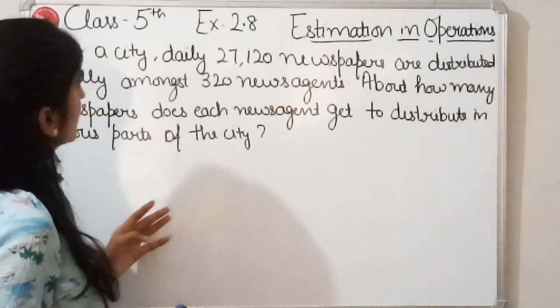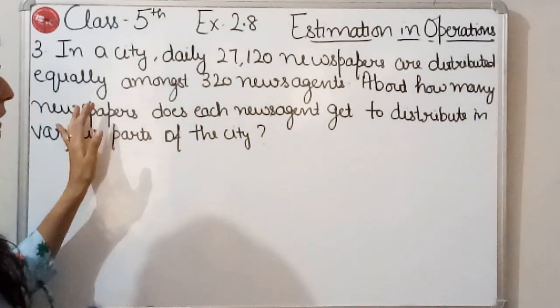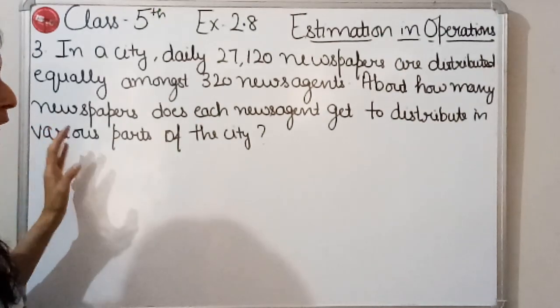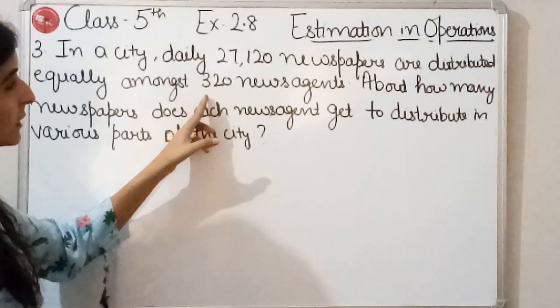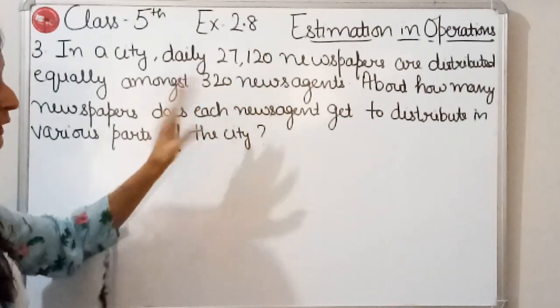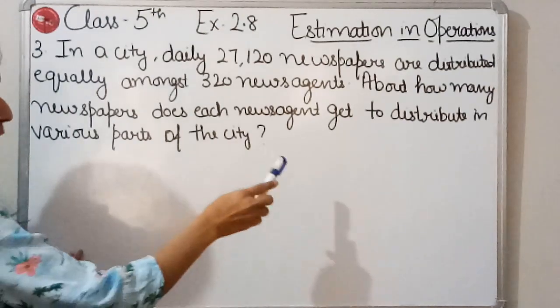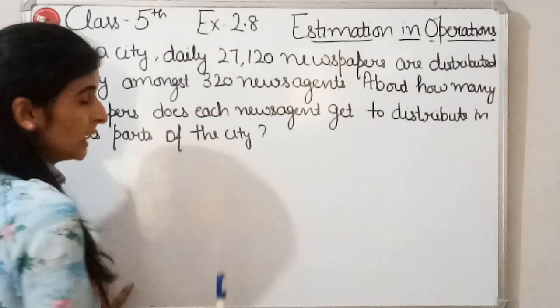So we have been given the total newspapers distributed, okay, and then we have been given the number of news agents. It means these newspapers are distributed to 320 news agents. Now about how many newspapers does each news agent get?